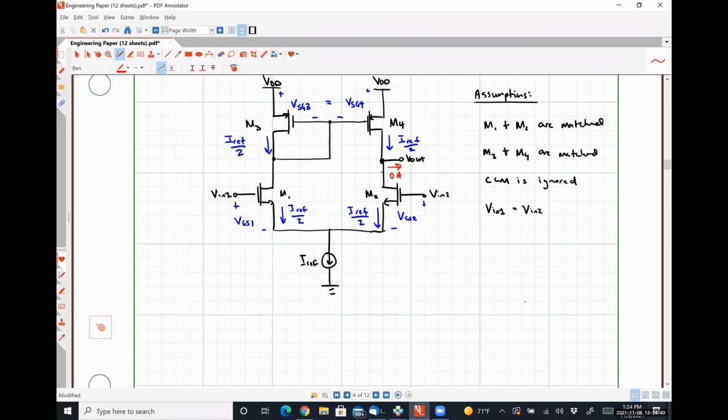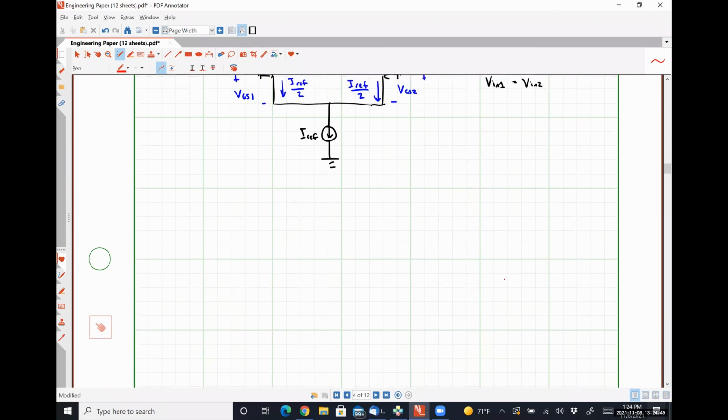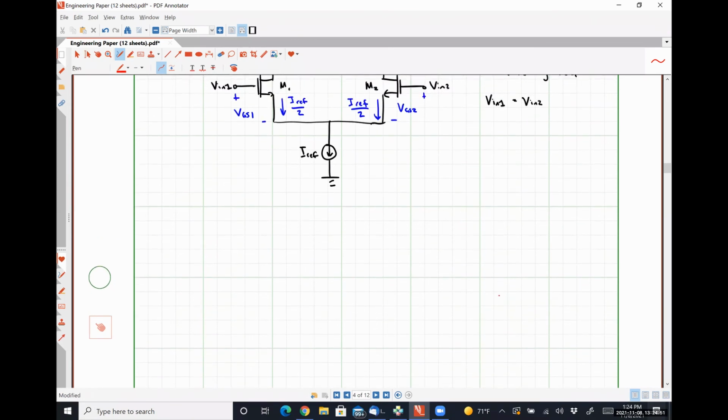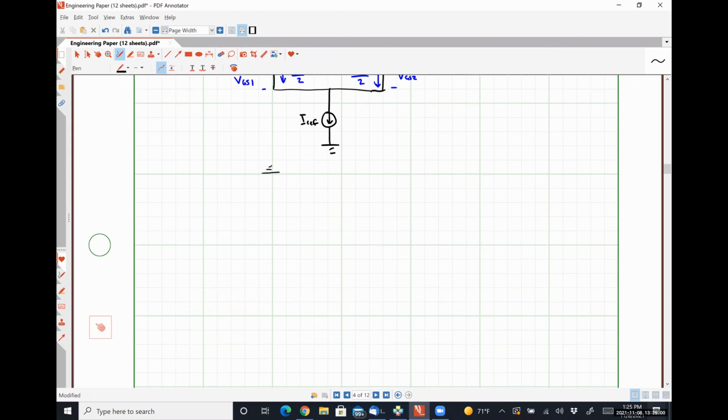At the small signal level, using these same assumptions, let's look at what happens for a common mode signal. All right. So this is going to be gmp VSG3.